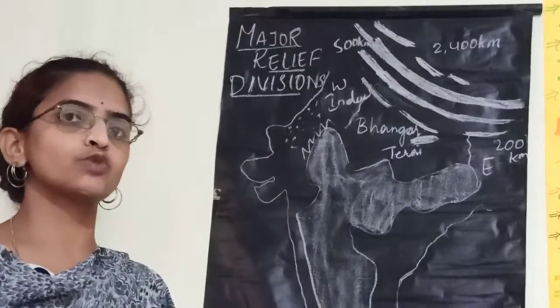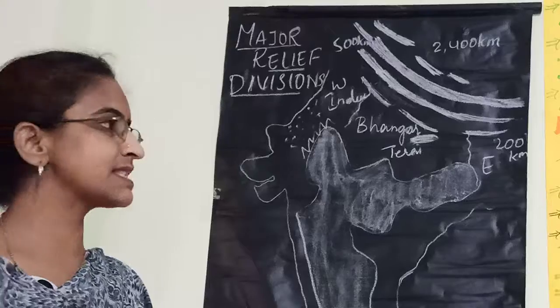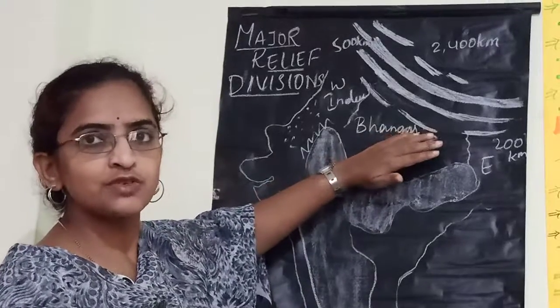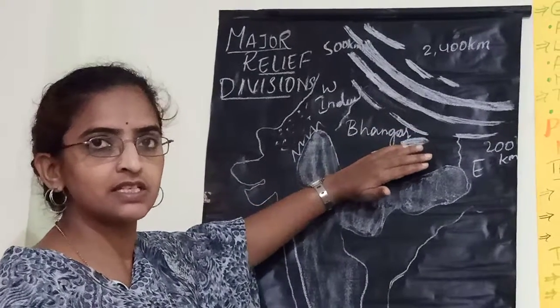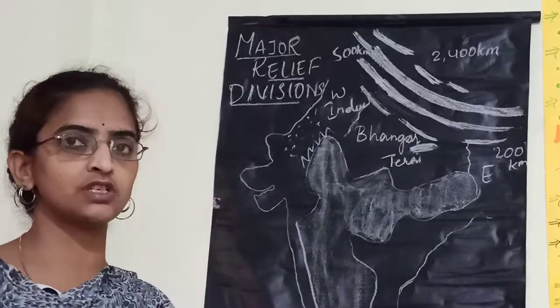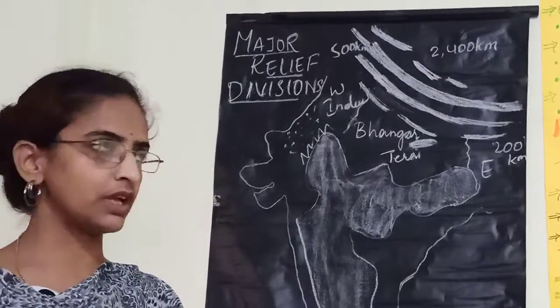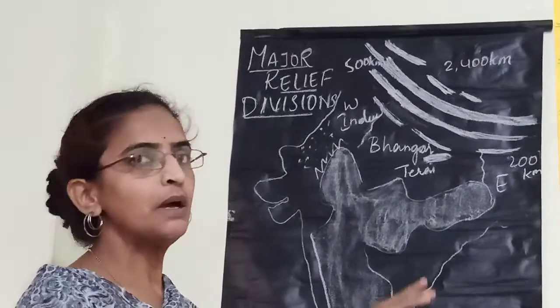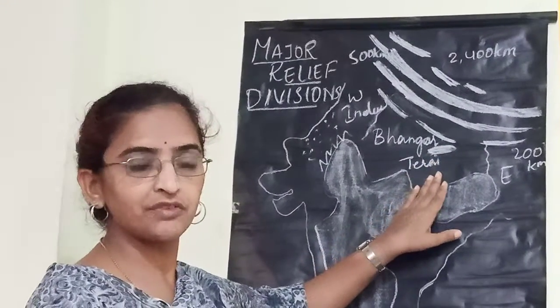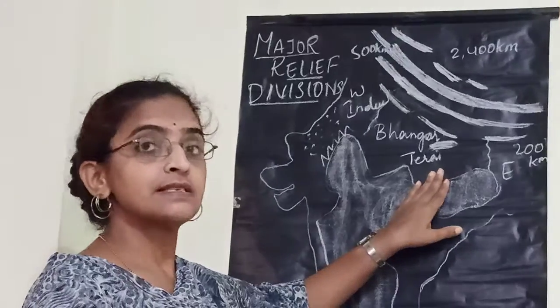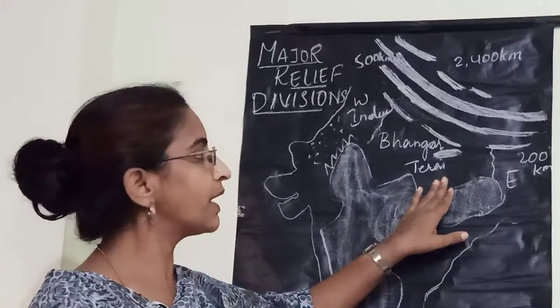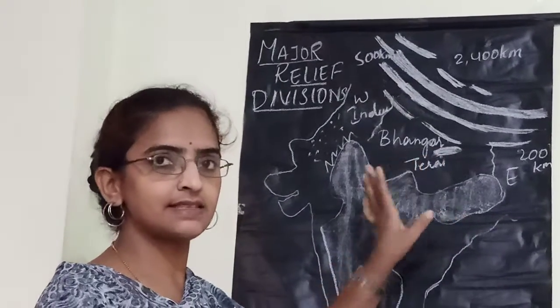Maybe nowadays because of growing population, the thickest forest we found in this terai region is getting deforested, and those lands are used for agricultural purposes. Okay, that is a different matter, but the marshy tract we find in this central Indo-Gangetic plain is called terai.